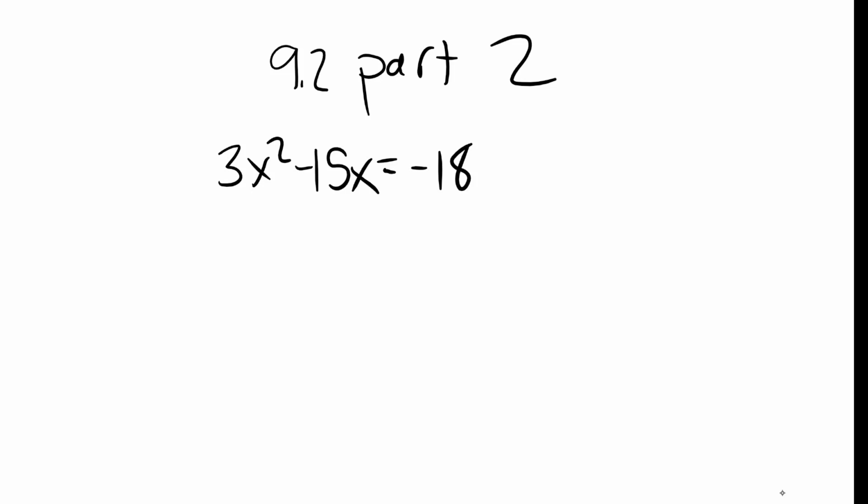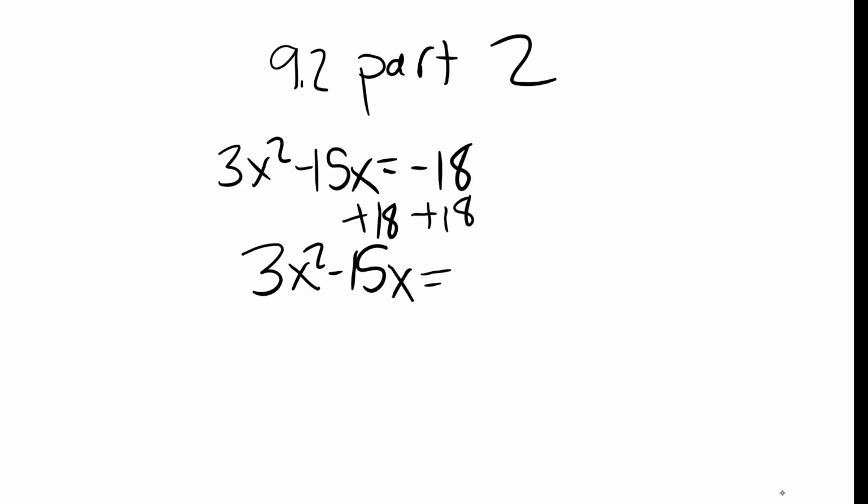The difference in this particular piece is that the number in front of x squared isn't always going to be 1. So in a problem like this, I'd have to get it equal to 0 first by adding 18 to both sides.